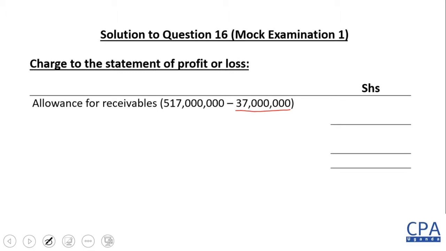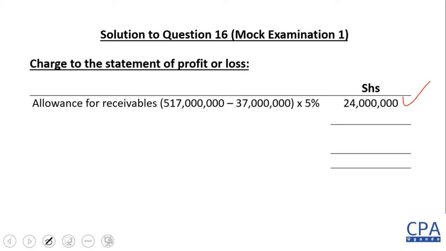The remaining figure in the brackets is subject to the rate of 5%. So I make a provision for doubtful debts of 5%, and that's going to be my allowance for receivables. My calculator is returning a figure of 24 million. I hope your calculators are also giving you 24 million. So this is our new allowance for receivables.